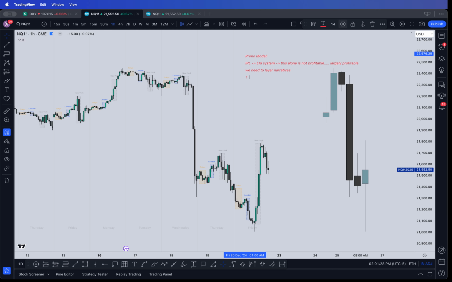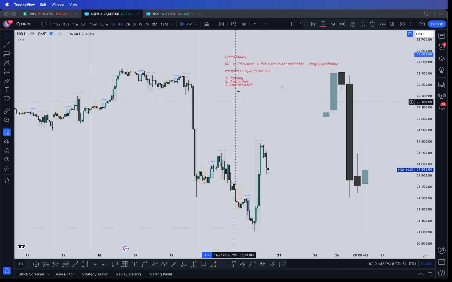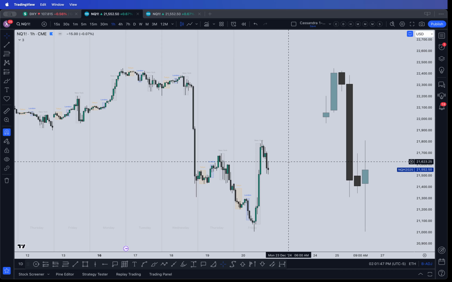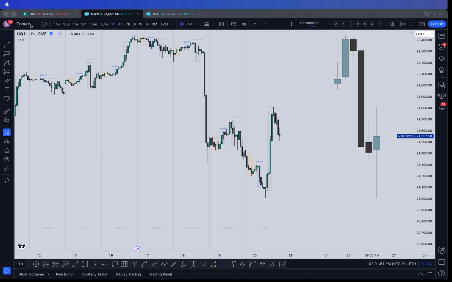So then we're going to talk about things like profiling, protraction, and advanced order flow. These things are what our subsequent lessons are going to be on. But we're going to start with this model today because you have the background now, okay? Then once we start layering the narratives, you're going to be able to increase the expectancy of this model. Make sense? Yeah.